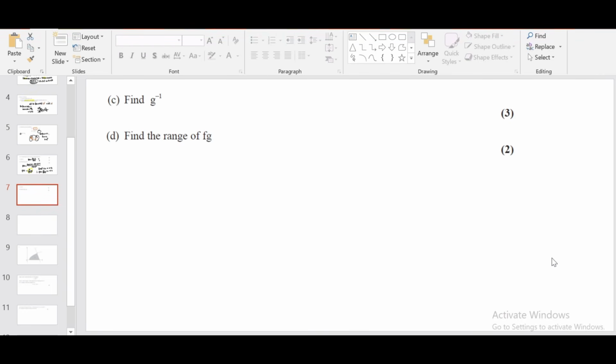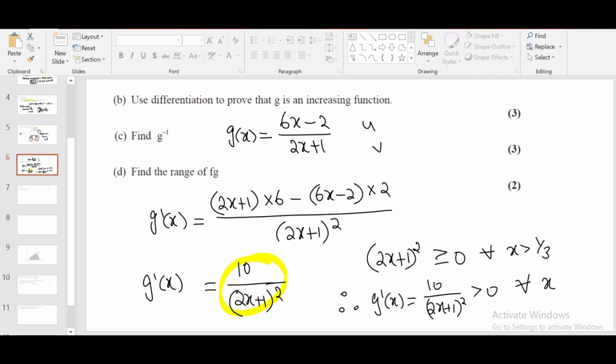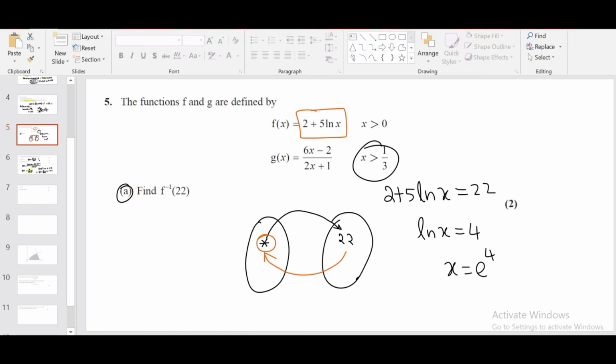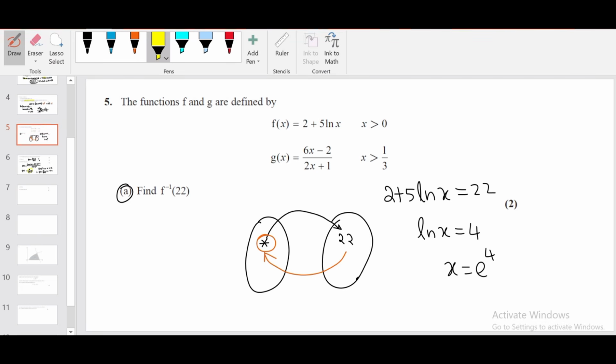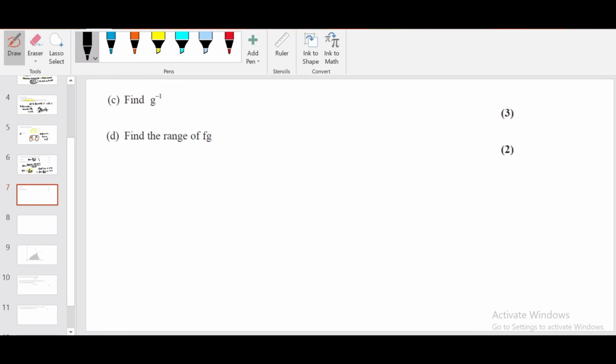Part C, find g inverse. We'll take g of x first, which is this function given here. g of x is equal to 6x minus 2 divided by 2x plus 1.